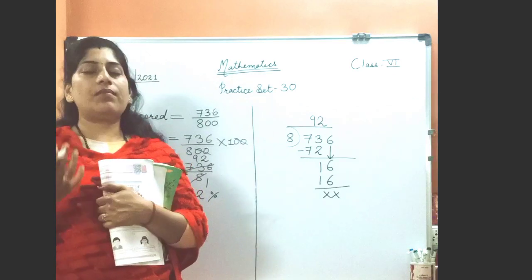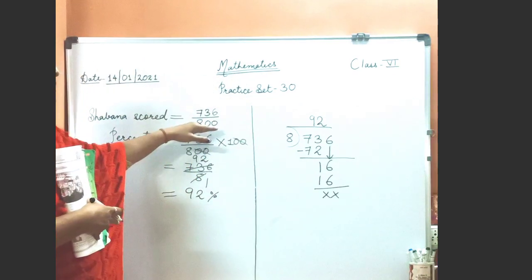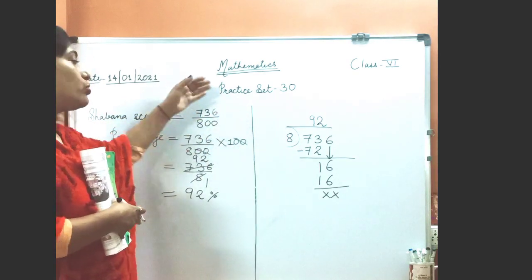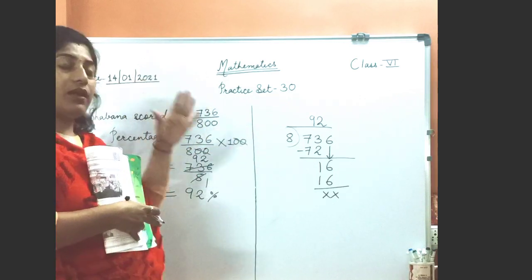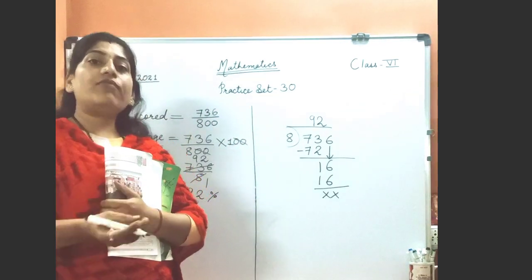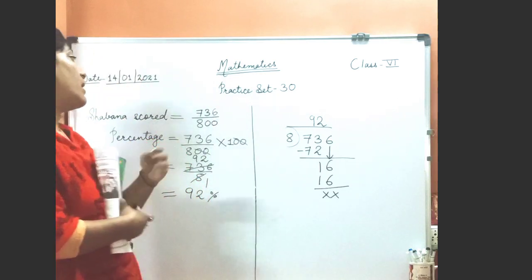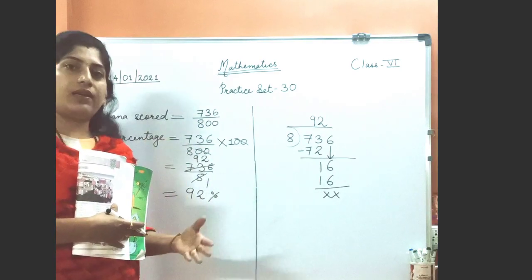The number is 736 out of 800. When we have to find out the percentage, we multiply it with 100. Then we understand how much she got out of 100. That is percentage. Okay.